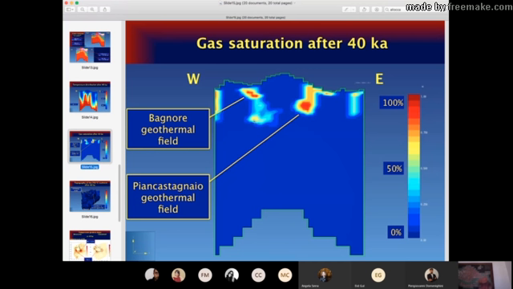So the deep geothermal field in Bagnore has a very large gas component and gas fraction. And this is actually what is also seen in the deep geothermal field of Bagnore, that the gas content, particularly CO2, in the geothermal fluids is much higher than in the geothermal field of Piancastagnaio.